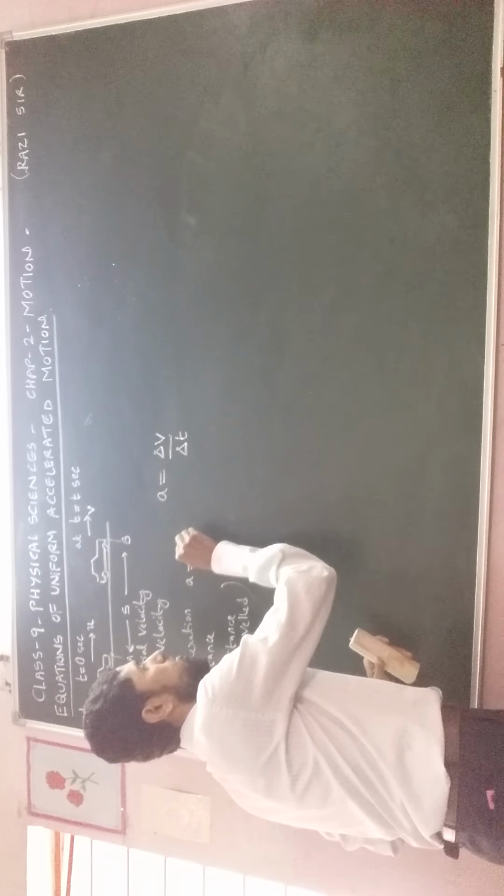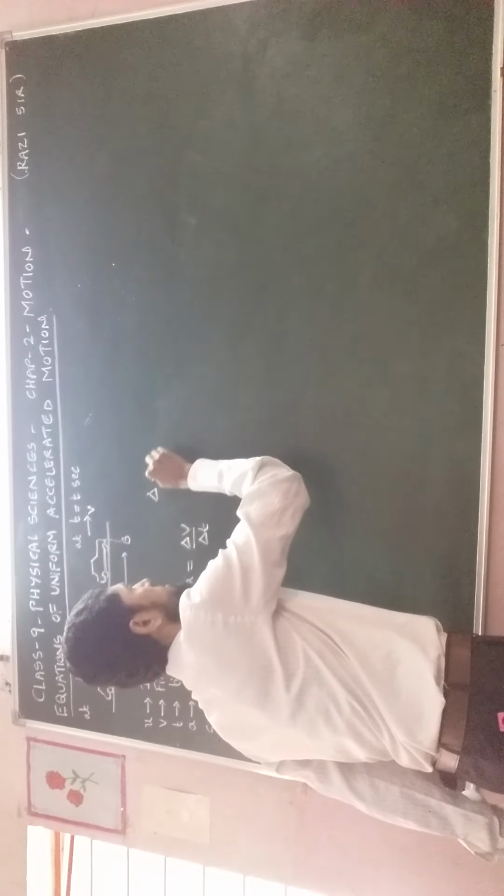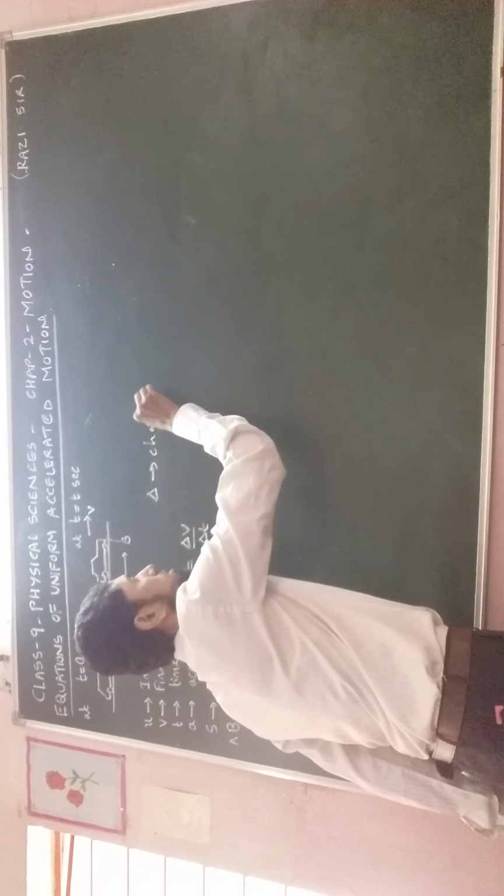So what is the acceleration here? This acceleration is a, which is equal to delta v by delta t. The symbol delta indicates a change. Delta v means change in the velocity. Delta t means change in the time. How is the velocity changing?